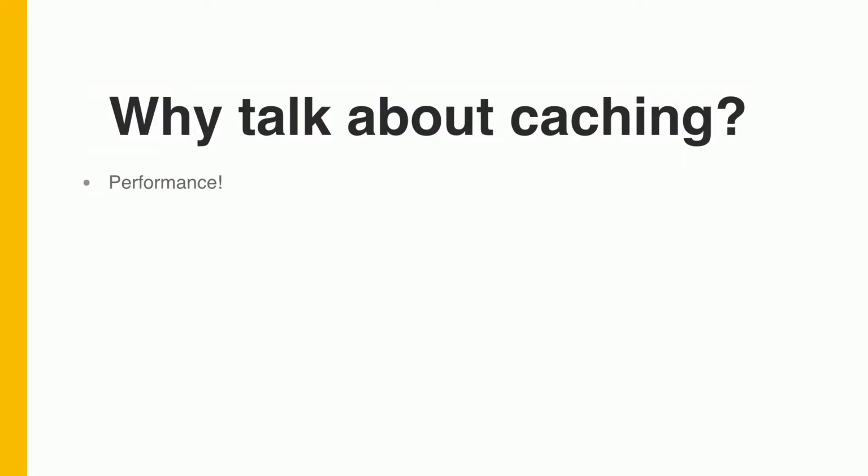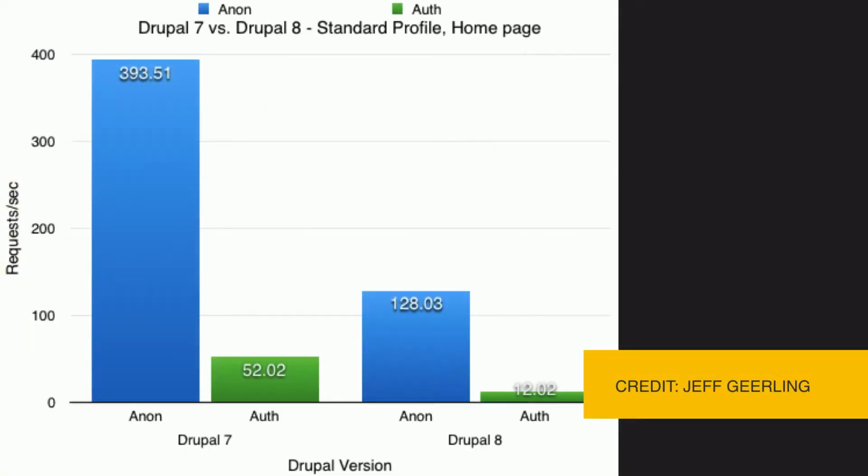The more complicated answer is that Drupal 8 is a lot more complex than Drupal 7 was, and as a result needs a lot more of a robust caching system. When Drupal 8 first came out, there was a lot of talk about how non-performant it was, especially in comparison to Drupal 7. Jeff Geerling wrote a really good post.